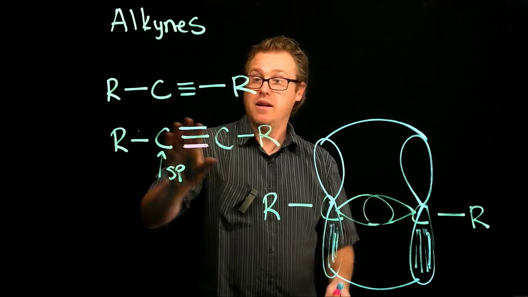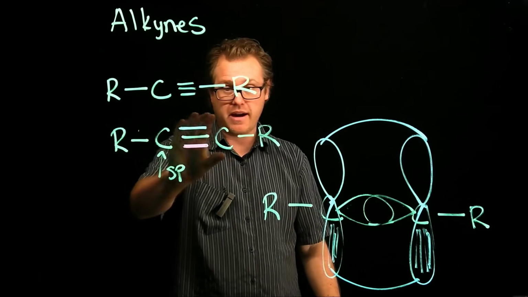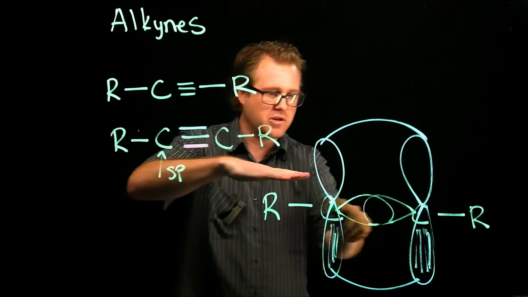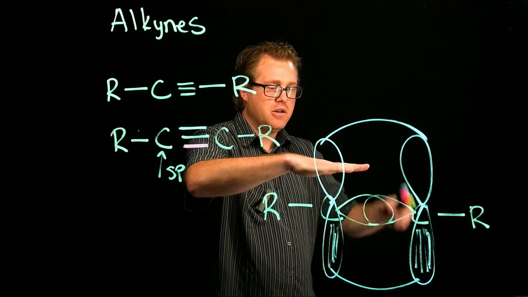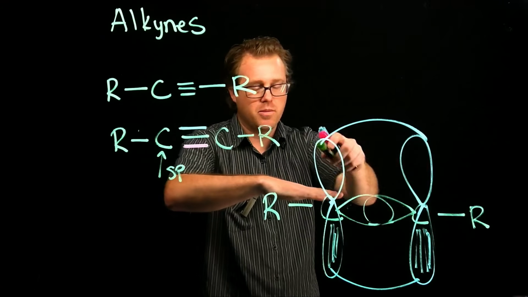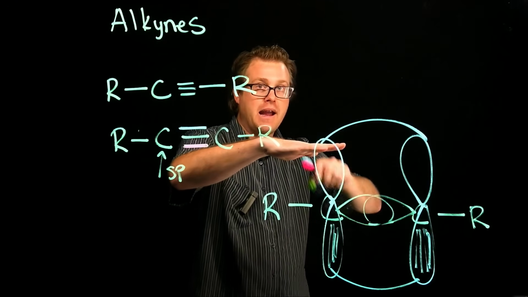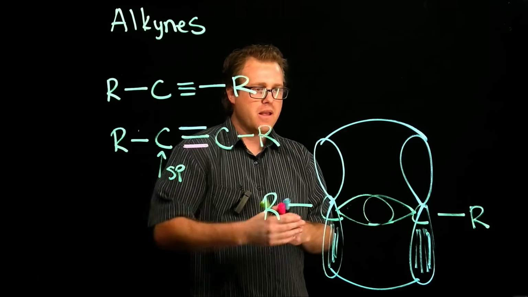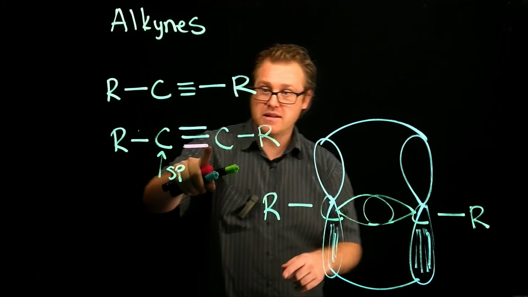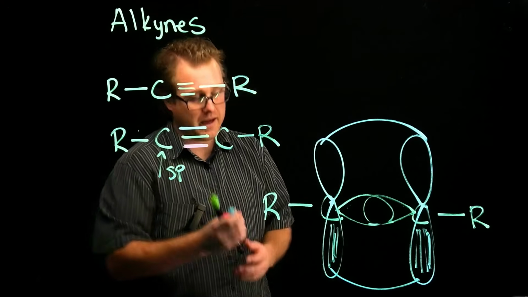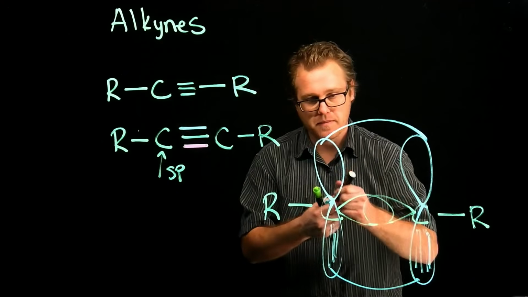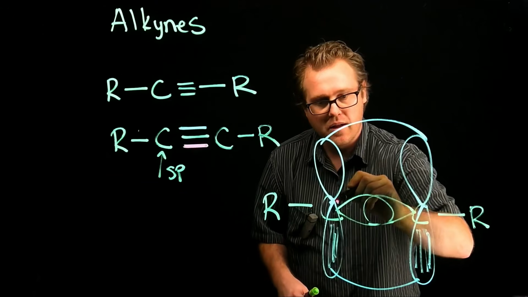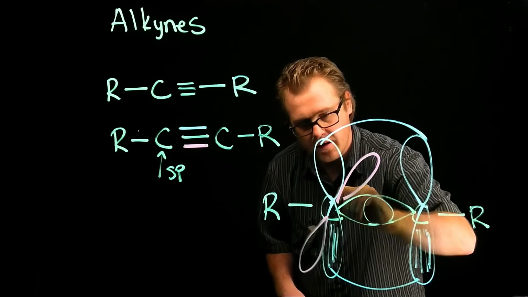Let's take the alkyne right here and represent it by my hand. My hand represents the green atoms there. The blue p orbitals are going to be above and below my hand, so perpendicular. But then we have the pink pi orbitals, and they're going to be perpendicular also, and these are a little harder to draw.